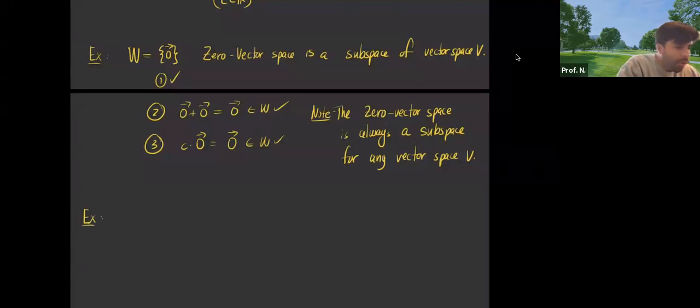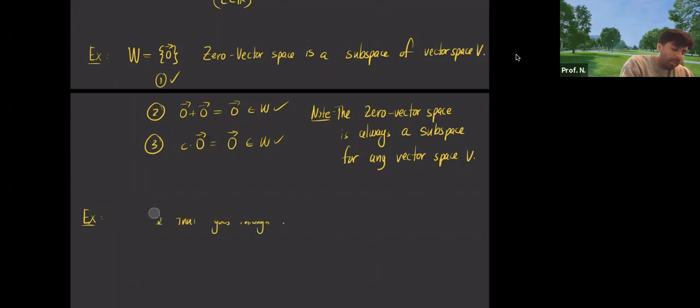What are other subspaces? Well, for example, another example of a vector space is any line that goes through the origin.